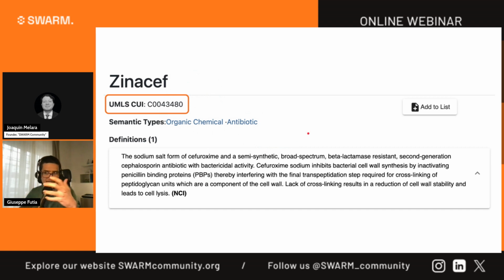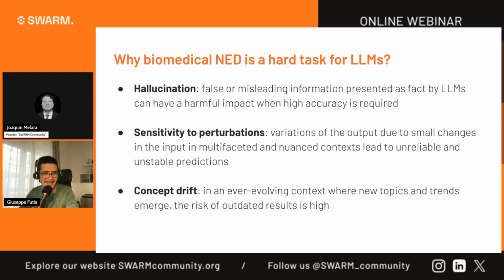So a completely wrong response in terms of detected real entities from the text. This is a good signal of the fact that large language models cannot be used as they are for these complex tasks.